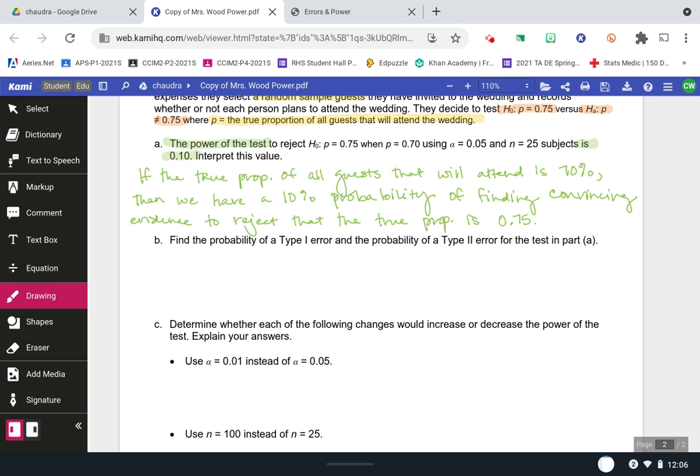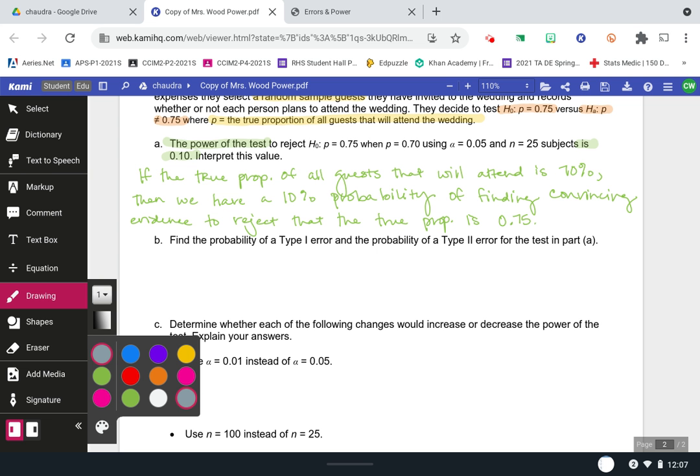Now, if the alternative truth was way further off than 0.75, maybe it was more like 0.5, then the power would increase and we would have a much higher chance of being able to find convincing evidence that it's not 0.75.